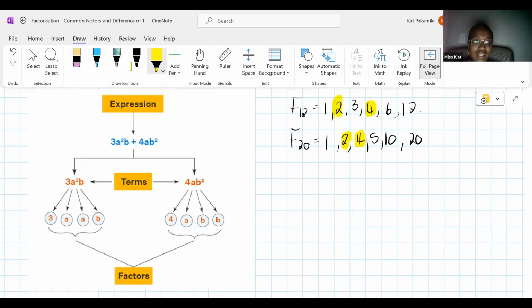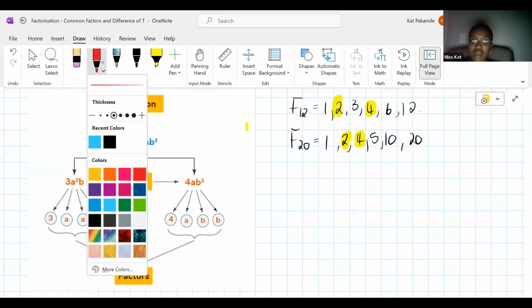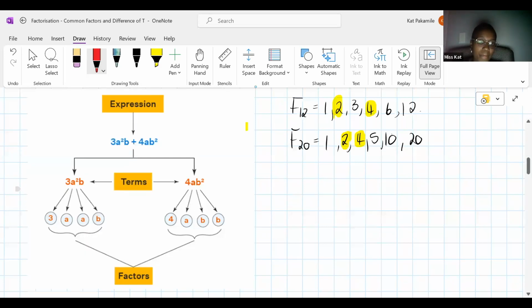Okay, so in essence, if I say to you, what is the common factor between these two? I'm asking you, what can you divide both of these numbers by? Okay, so this is an algebraic expression.